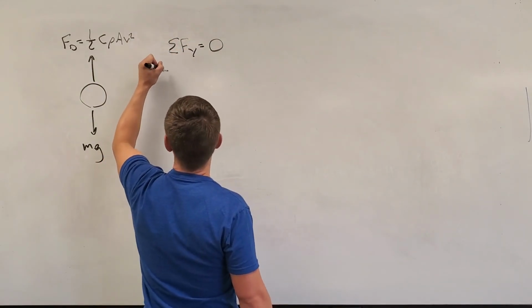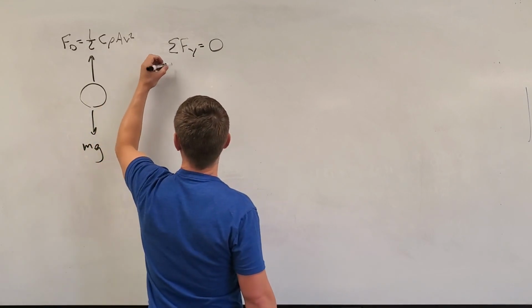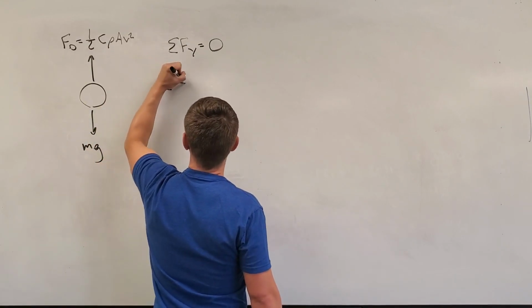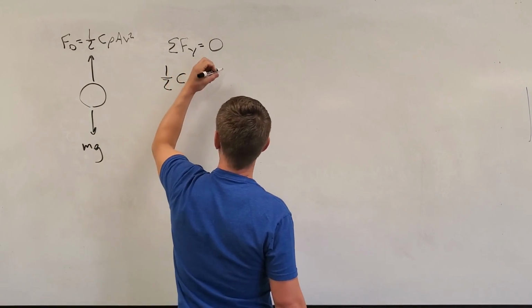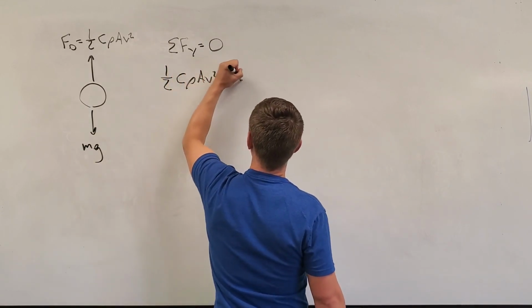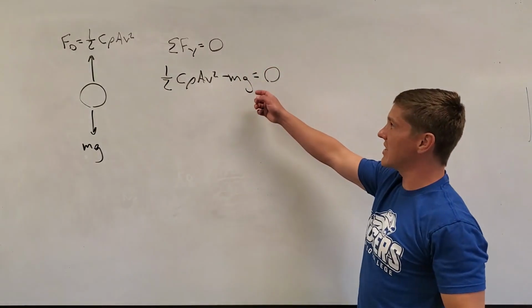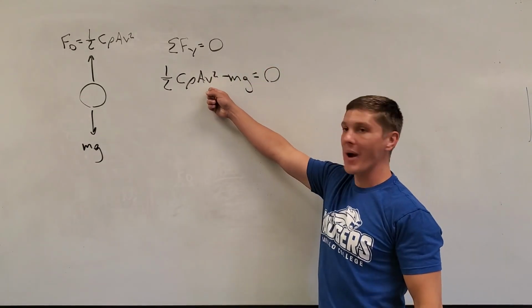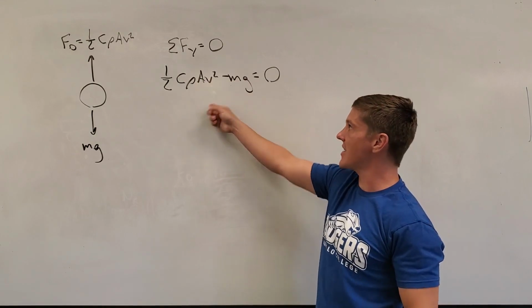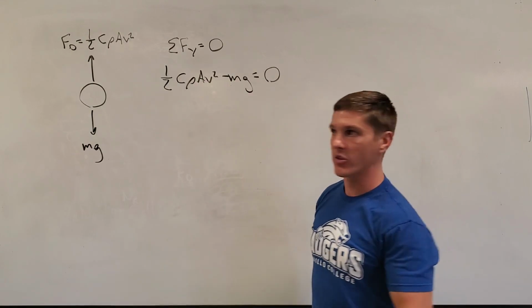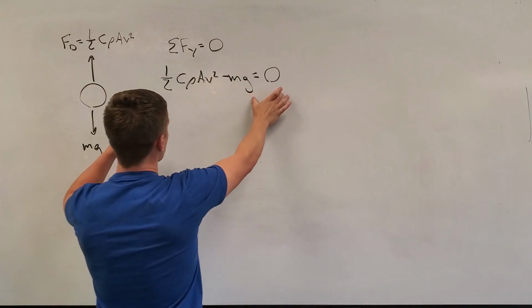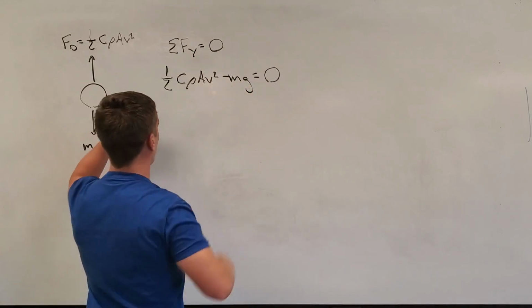So the forces acting upward give 1/2 C rho A v squared minus mg equal to 0. Now I can solve this equation for my terminal velocity. That's all I do, I take this equation and solve it for my terminal velocity. So I'm going to move my mg to the other side and multiply it by 2.